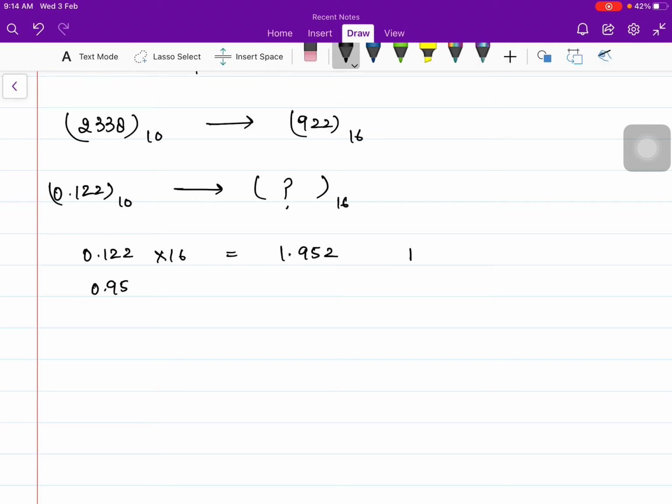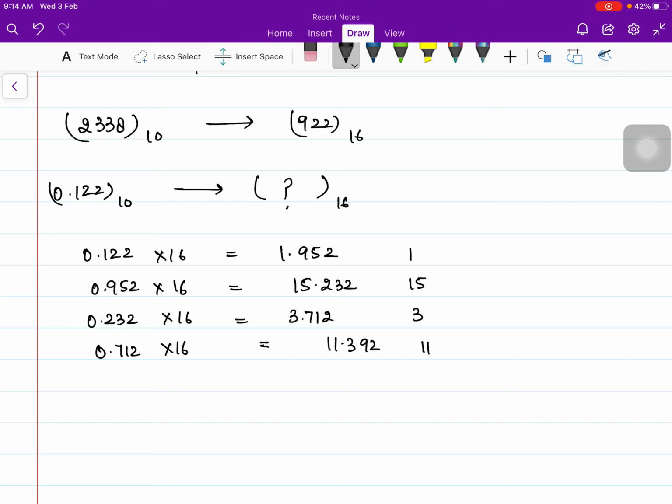Now 0.952 into 16 will give you 15.232, record 15. Now 0.232 into 16 will give you 3.712, record 3. Now 0.712 into 16 will give you 11.392, record 11. Up to 4 decimal places are sufficient.